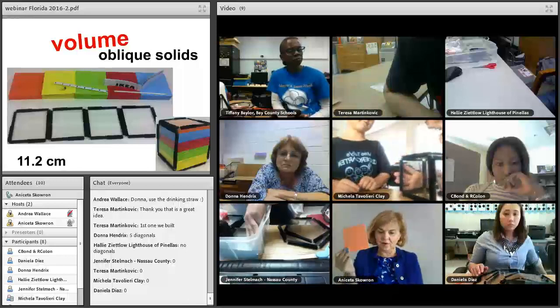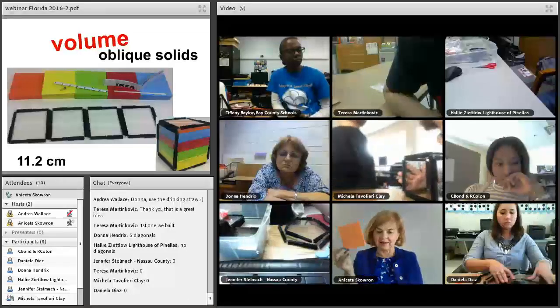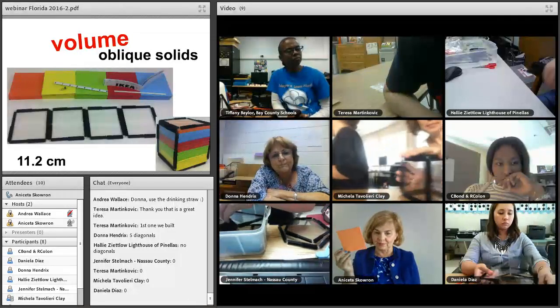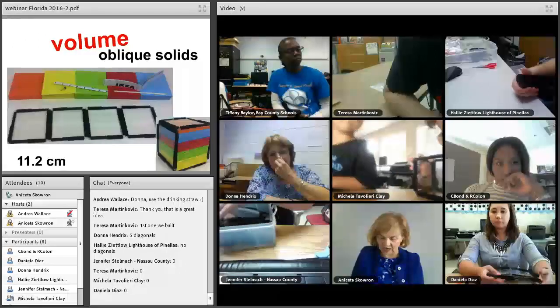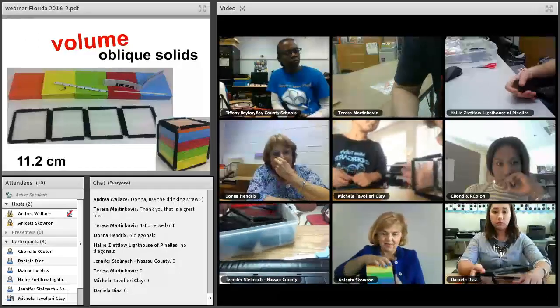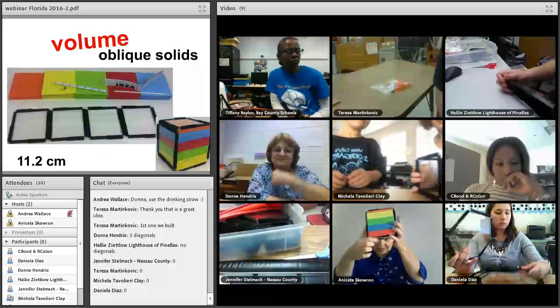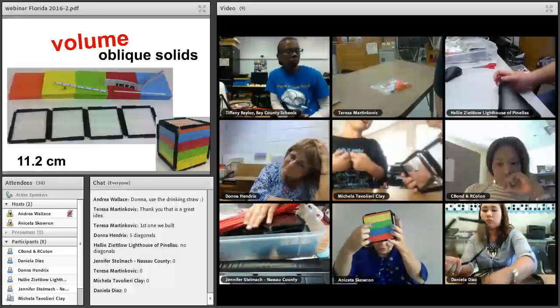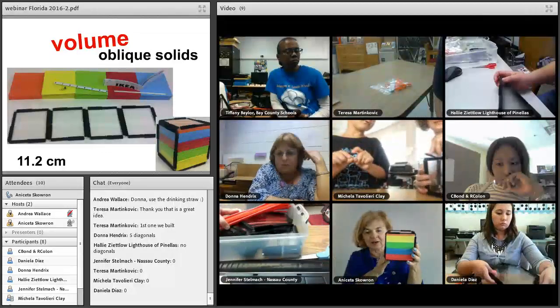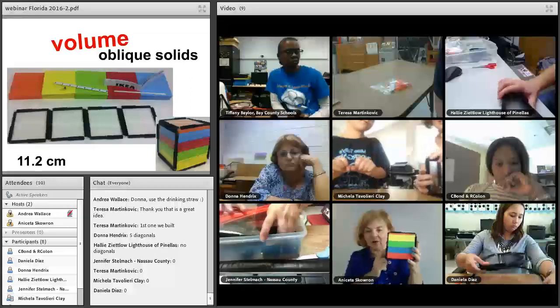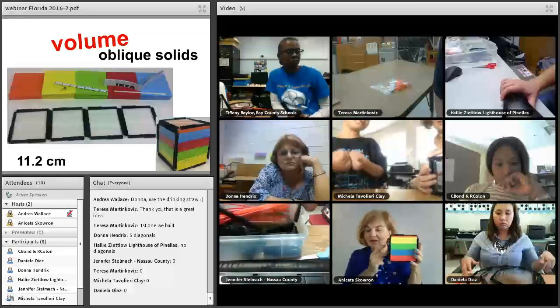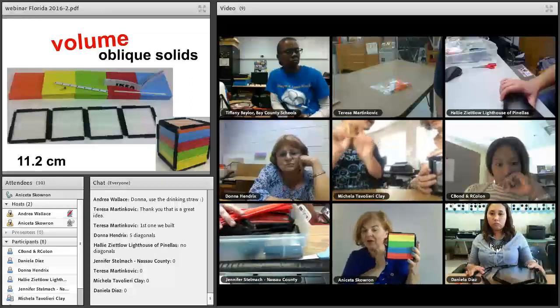Each square is 1.2 centimeters, and I make them such that each color is an inch. So you can see quickly that the volume of this is 4 and a little bit cubic inches.